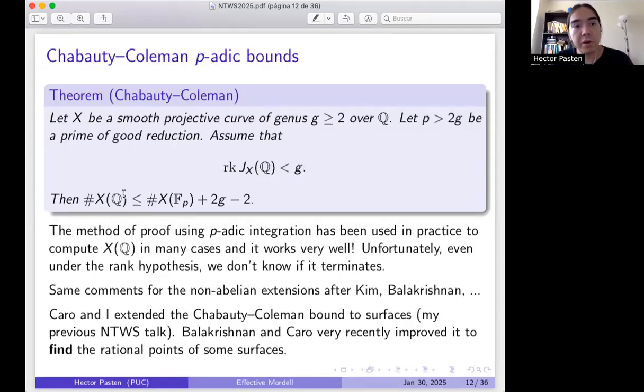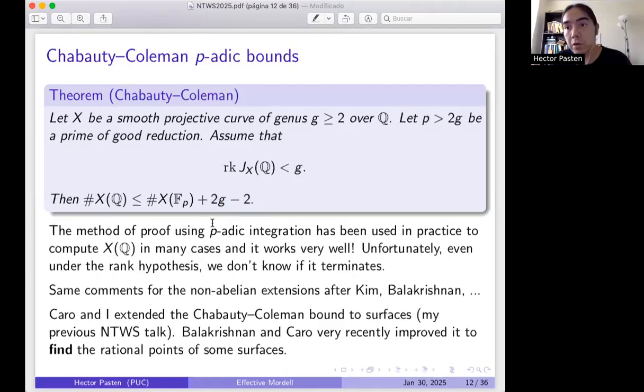Then the number of rational points is less than this quantity. So what is this quantity? You take the curve mod p and count the mod p points. Of course, this is finite, and you can count. And then you take the geometric contribution coming from the canonical divisor. This is 2g minus 2, where g is the genus. By the way, this number is the degree of the canonical divisor. And you get this completely explicit bound for the number of rational points.